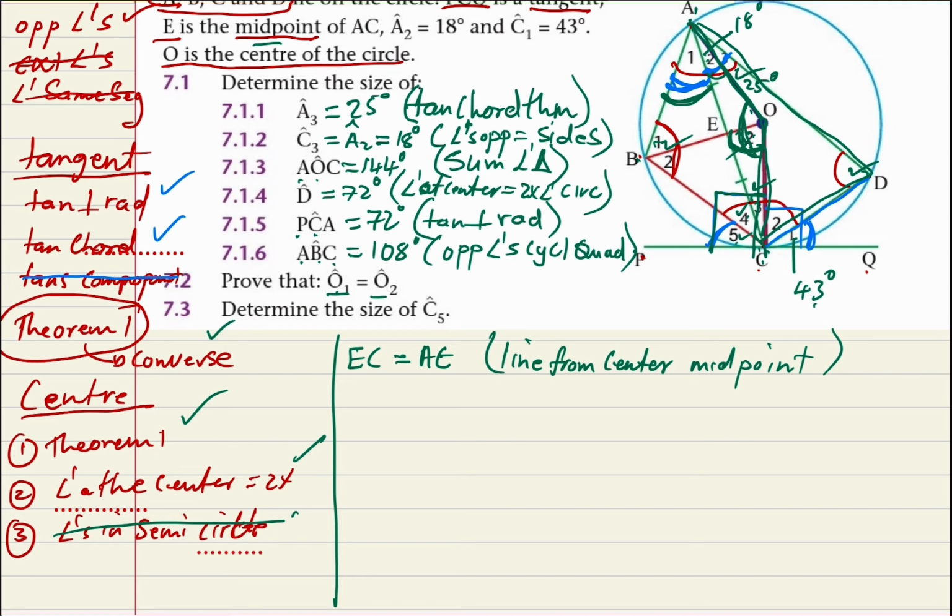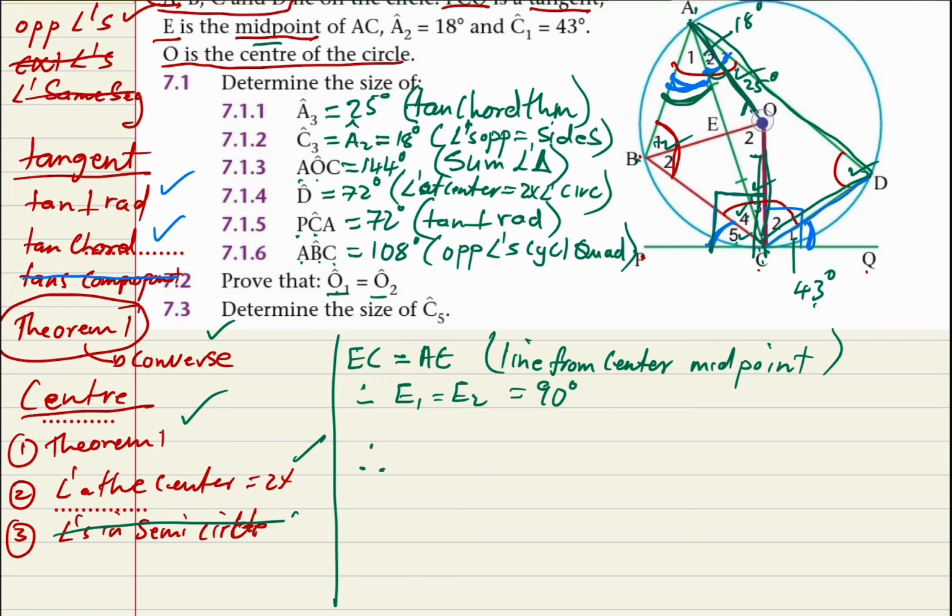What does that mean? It means therefore that angle E1 is equals to angle E2, which is equals to 90 degrees. Okay, therefore that means if this is 90 degrees, remember this is 90 degrees here. Let me indicate.